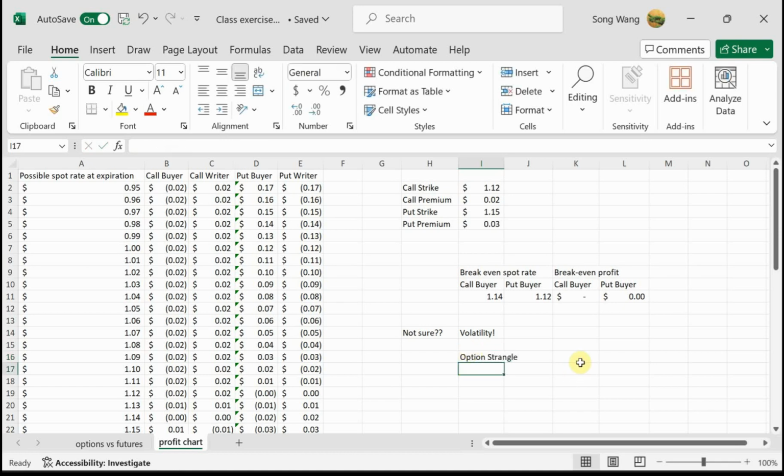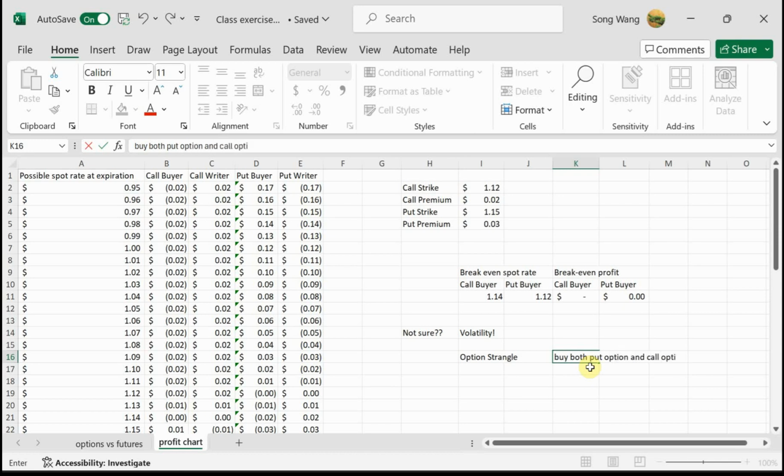Option strangle basically means you buy both the put option and the call option simultaneously. For these two options from our previous setting, you just need to do a strangle.